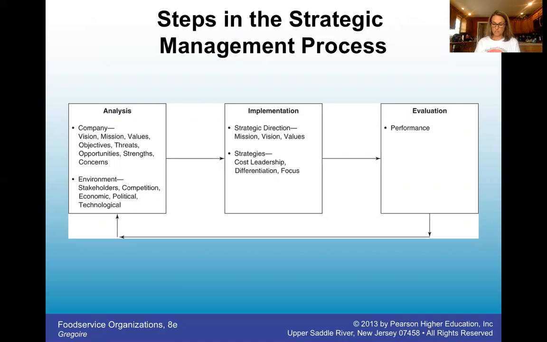Implementation involves the determination of strategic direction for the company and the creation and implementation of strategies to help gain that competitive advantage. Evaluation involves assessing whether changes have occurred in the organization's internal or external strategic position and determining whether the organization is progressing satisfactorily toward achieving its objectives.